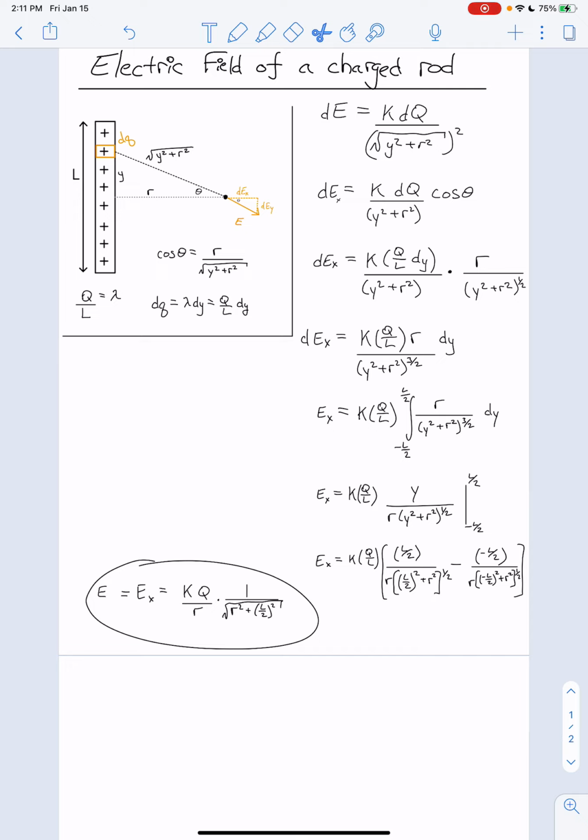Okay, so now what? We've got an equation here for the electric field of this rod along that center line. But, you know, it still probably could be a little bit better. So let's work with it a little bit more.